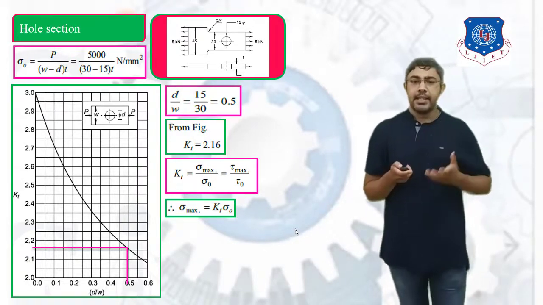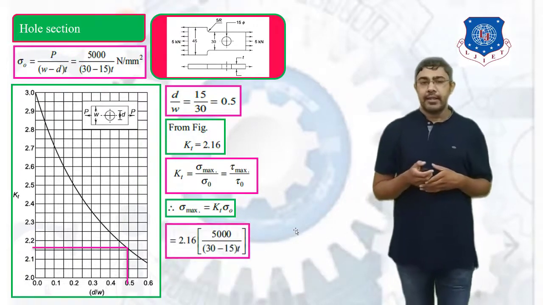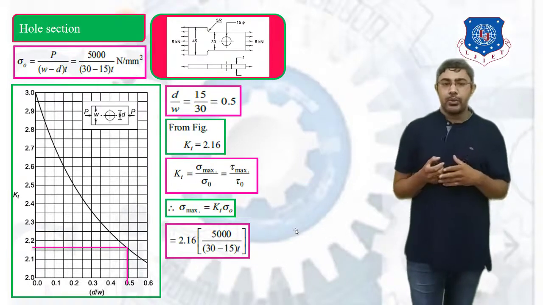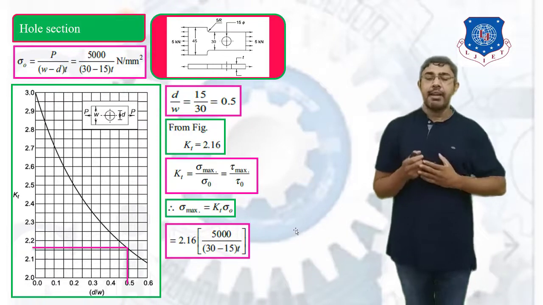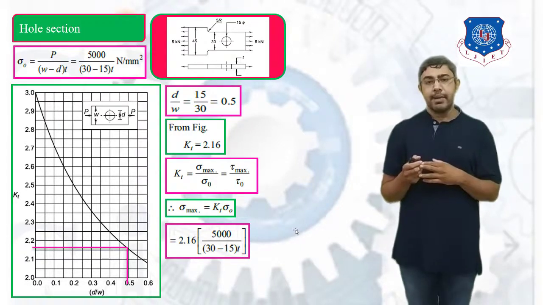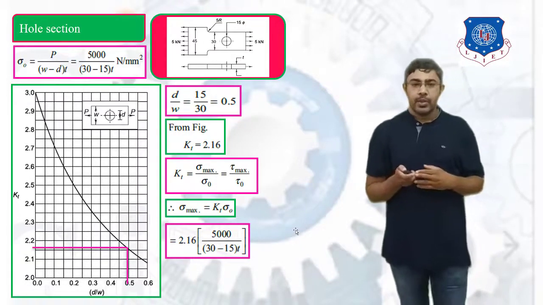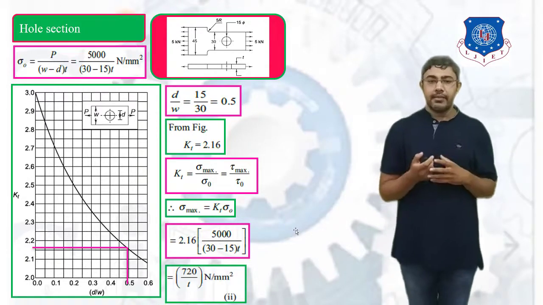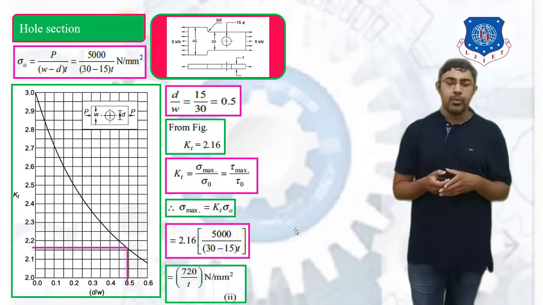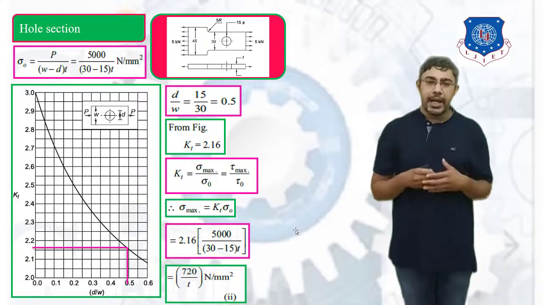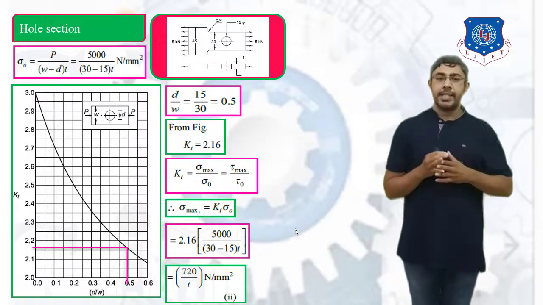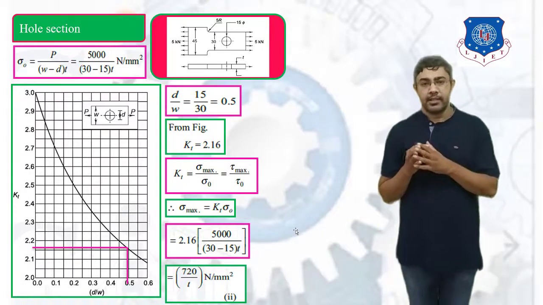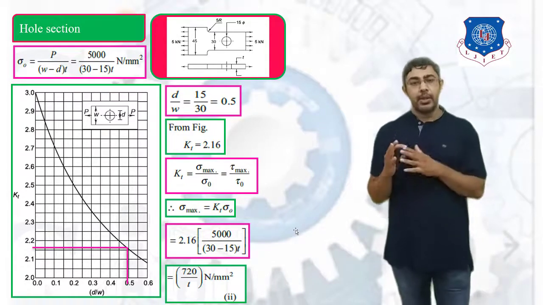By placing them, sigma max is equal to 2.16 into 5000 divided by 30 minus 15 into T. If we simplify this, sigma max is equal to 720 divided by T Newton per mm square. This is the maximum stress at the wall section. Give this equation number 2.